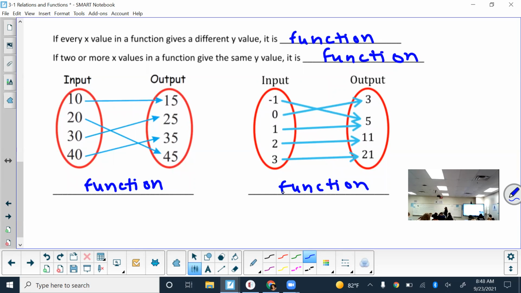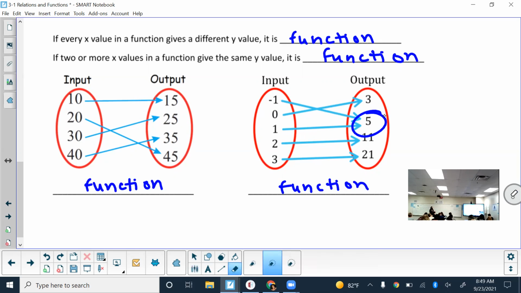If you look at your x's and none of them repeat, then you know it's a function. If you looked at your y's, that's probably what confused you. You don't even need to have gone that far because you saw that all your x's point to one number.